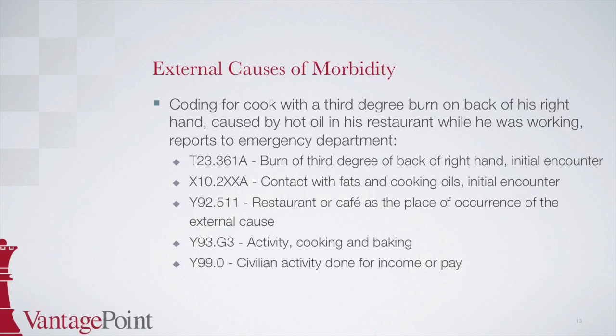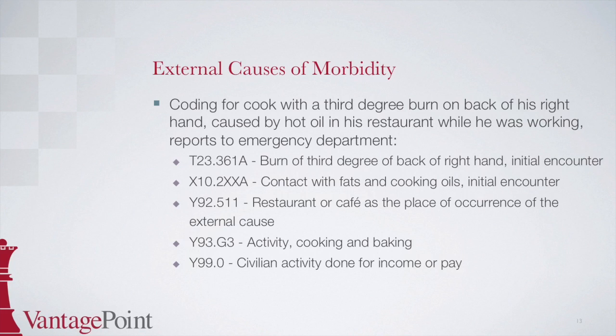We know we need A for initial encounter since the patient is just reporting to the ED, but since the code is only 4 digits long, we need 2 X placeholders so that the seventh character A can be in the seventh character spot.